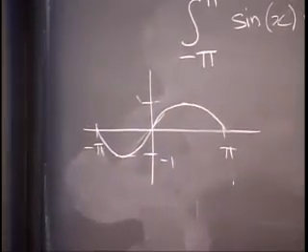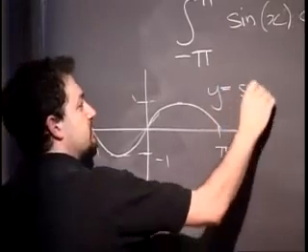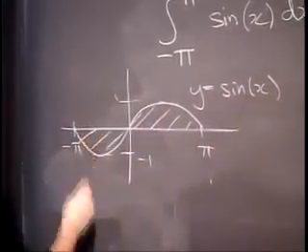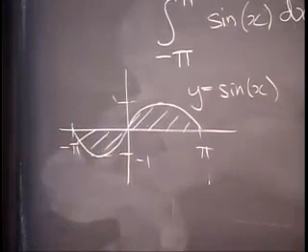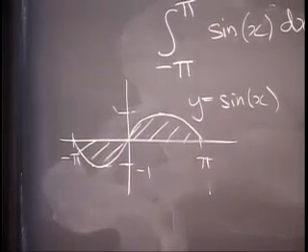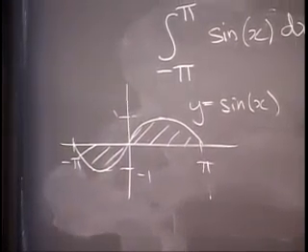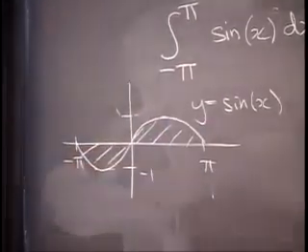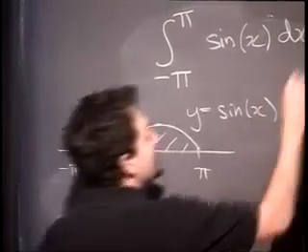This is y equals sine x. So what I'm asking for is this area. That's what that integral represents. Actually, it's that signed area. What is that signed area? 0. Luckily, this balances out this by symmetry, and this equals 0.